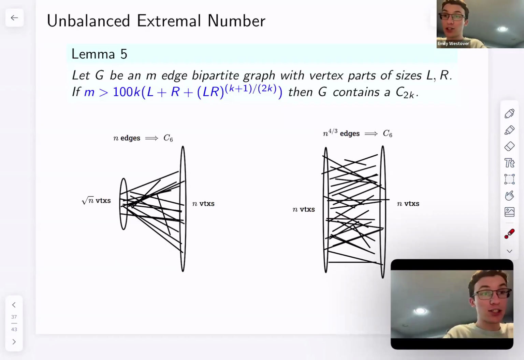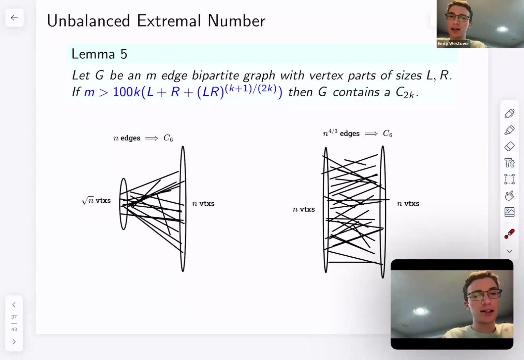But there's a generalization of this to a bipartite graph with 2 parts of unequal size. We call this the unbalanced extremal number. Here, if your parts are these sizes, then you need a lot fewer edges to guarantee a 6 cycle. If your parts are size root n and n, then having n edges already guarantees a 6 cycle, whereas using the result on the right, you would need n to the 4/3 edges.